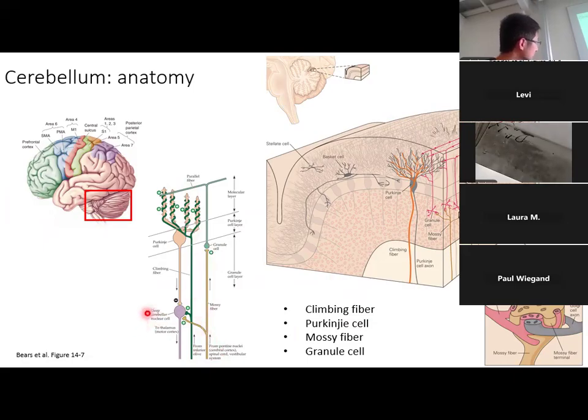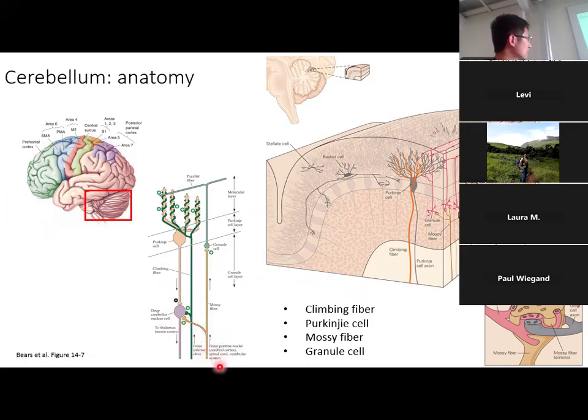This is a central processing location of the cerebellum, and it receives input from both sensory and motor signals. At the same time, these signals travel all the way up and connect to what they call parallel fibers, which go to the surface.